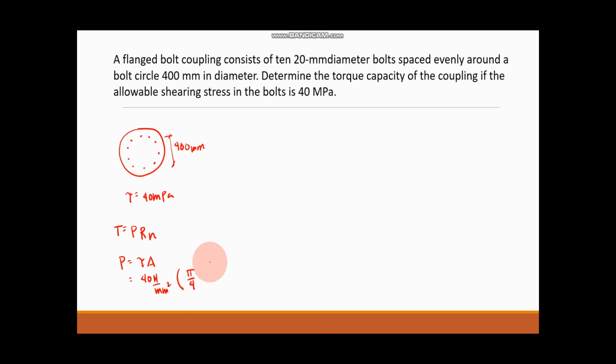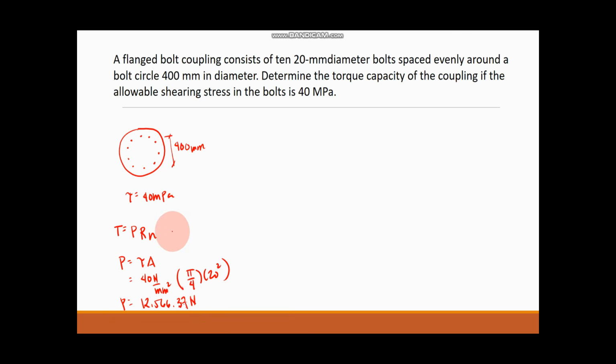Our bolt diameter is 20 millimeter, so 20 squared. Therefore, P is equal to 12,566.37 Newton.